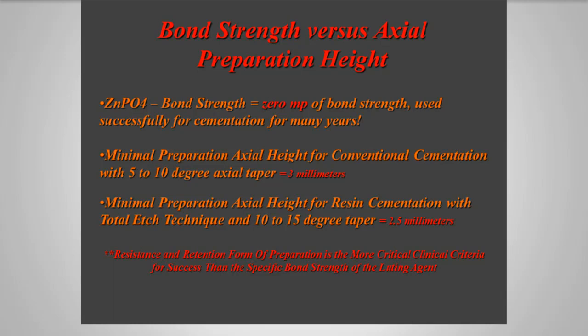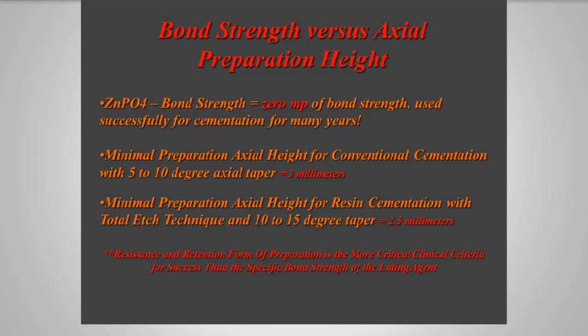When you look at the preparation, I think there are a couple of things to remember. And this slide came to me from Dr. Mark Latta, who is the Dean of Creighton University, and Mark being an expert in the field of dental materials. Comparing the heights of preparation and comparing conventional cements versus the additional, quote-unquote, retention you get from total etch and resin cement.